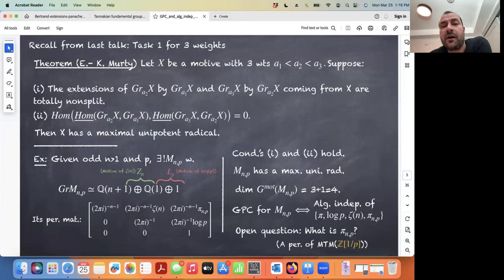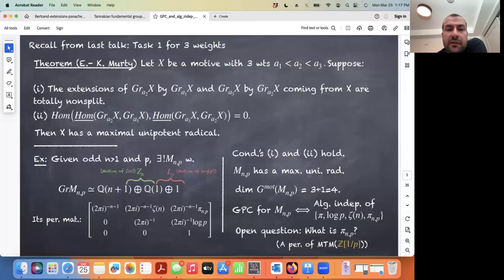Now, in general, that's not enough to guarantee that X has a maximal unipotent radical. But if you include the second condition, that there are no non-zero morphisms, let me clarify my notation: when I have an underline, I mean the internal Hom, so this is a motive. Without the underline, that's the Hom group, the group of morphisms in the category. So I'm assuming there are no non-zero morphisms between the Hom groups of the consecutive graded pieces.